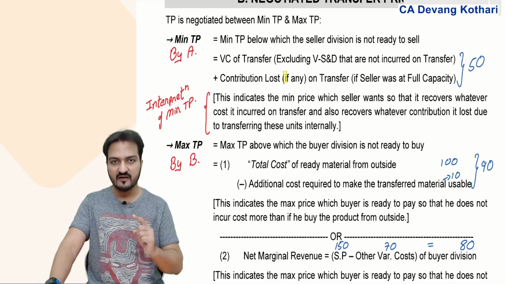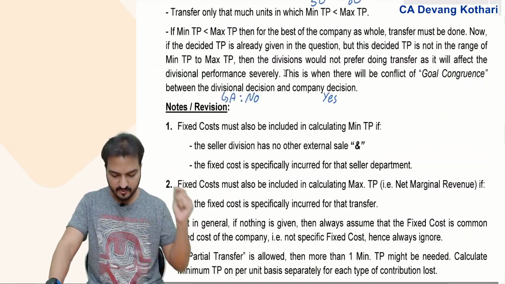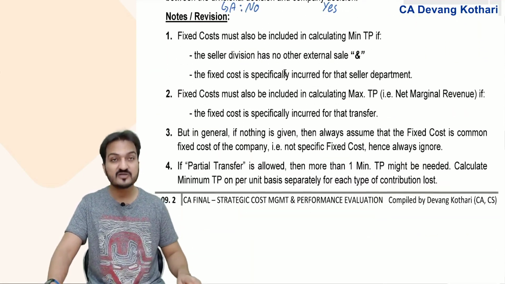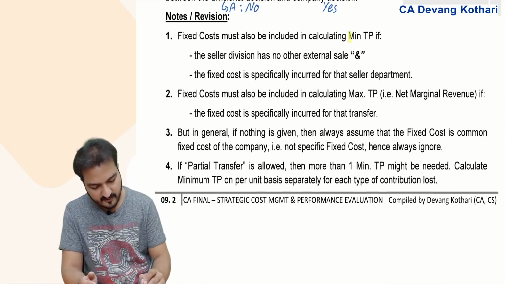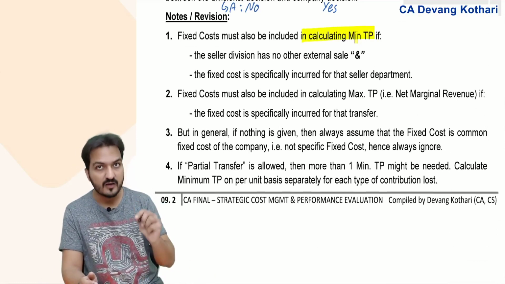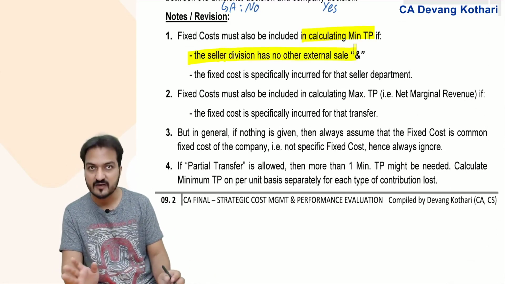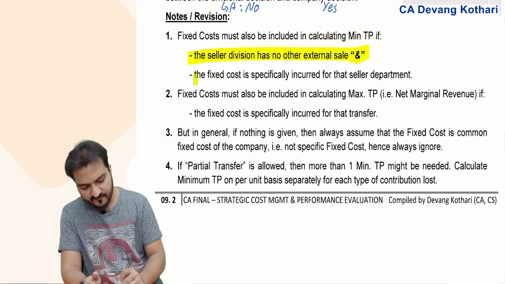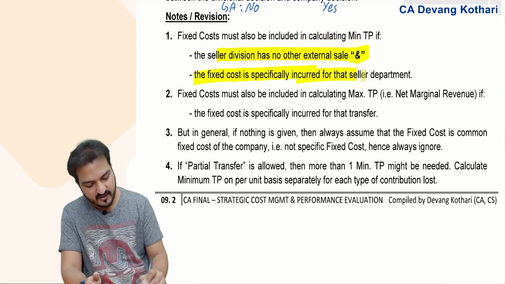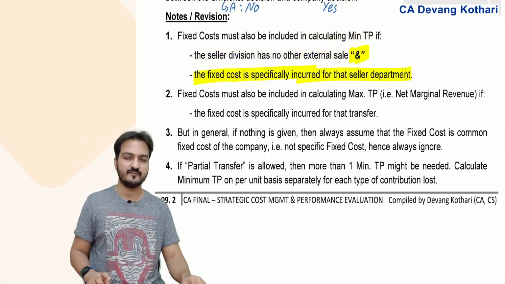Fixed cost will be relevant if two conditions are fulfilled. Fixed cost will be relevant in calculating a minimum TP if the seller division has no other external sale and the fixed cost is specifically incurred for that seller division.